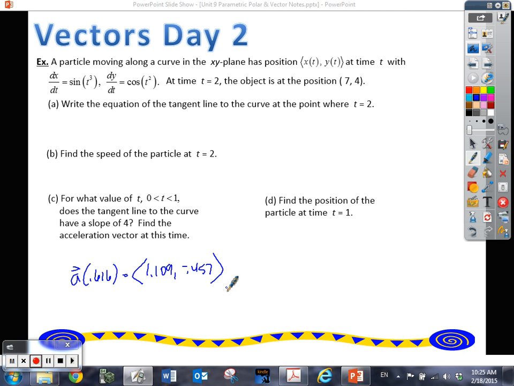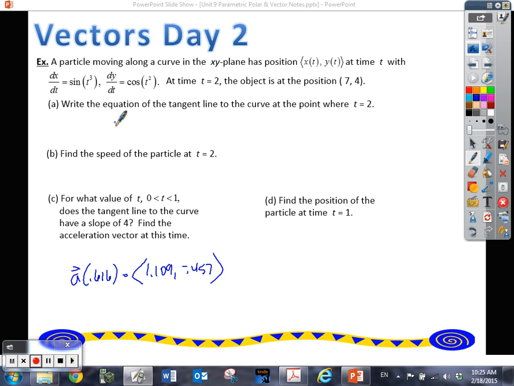Okay. d2y. The y component of acceleration is the derivative of the y, the derivative of this, right, with respect to whatever number we have.